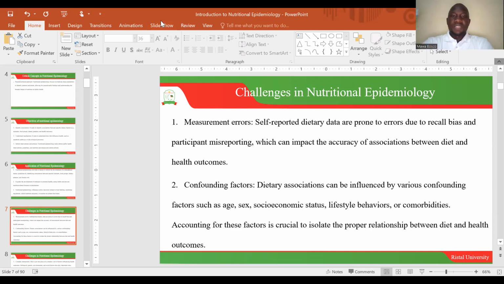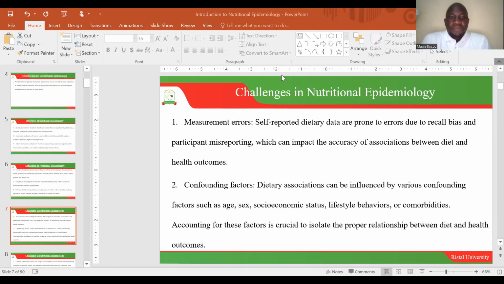It is not always very easy to really understand what someone has eaten for the last, let us say, 1 month, 2 weeks, 1 week. It's not very easy to measure. So we have measurement problems. So that is one major problem of nutrition epidemiology.